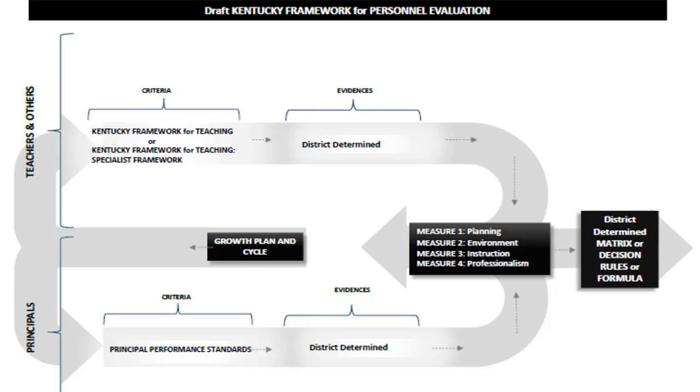What we're really pushing on is that once you have rated your 4 measures with the evidences, using professional judgment and the evidence base to determine the rating, using, of course, exemplary, accomplished, developing, or ineffective. Sorry about that.